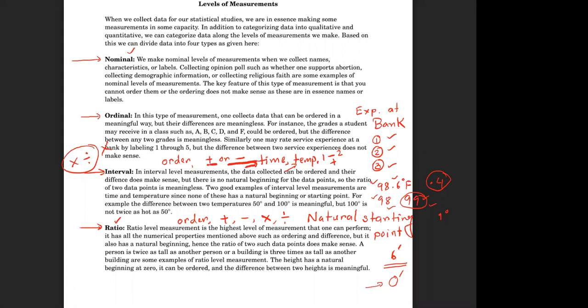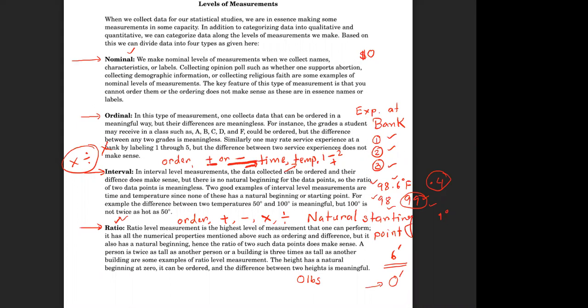If I ask you what your weight is, there is a natural starting point of 0 pounds. If I ask you how much money you have, there's a natural starting point of $0. Whenever you have a natural starting point for the type of data you are collecting, you can say it's ratio level measurement.